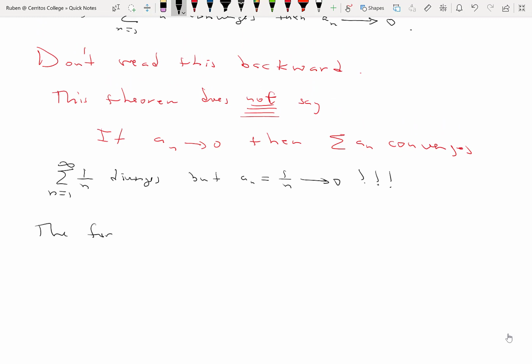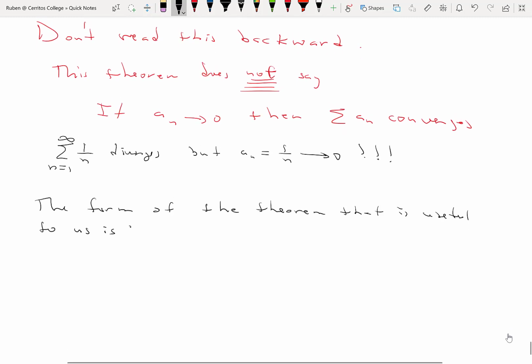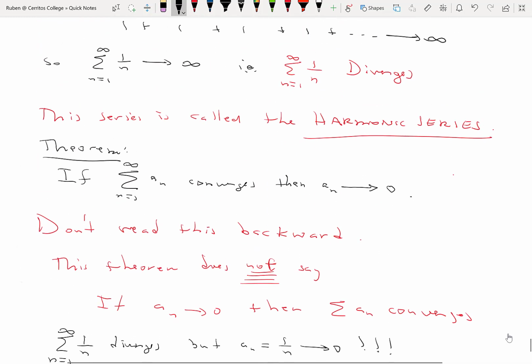The form of the theorem that is useful to us is the reverse of the theorem, the way we can reverse it logically.